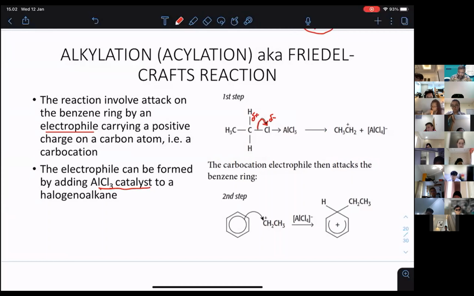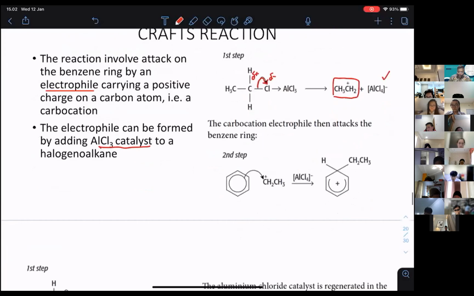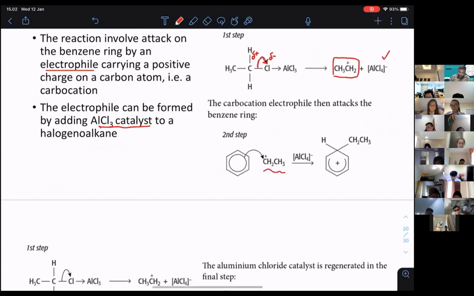So when they react with the catalyst, what happens? You are going to get the electrophile and AlCl4 minus, similar to what you have done earlier. You will get the same thing. Then you get the electrophile over there. There are a lot of electrons over there; 2 electrons will be used.